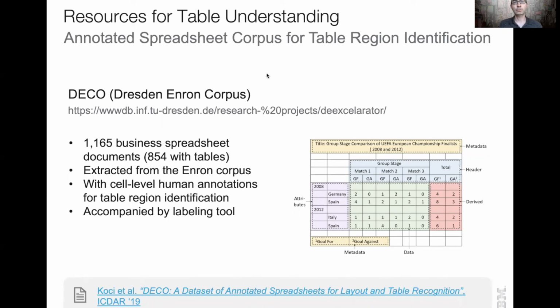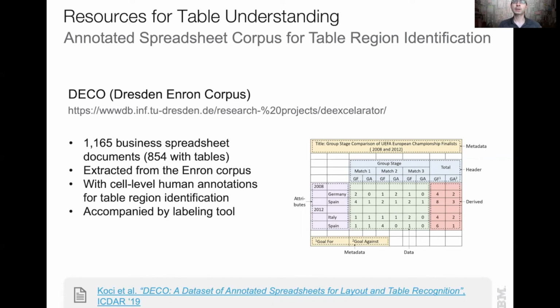Actually, in 2019, we have seen the release of DECO, which stands for Dresden Enron Corpus, which contains more than 1,000 business spreadsheet documents together with human-provided annotations for table origin identification.